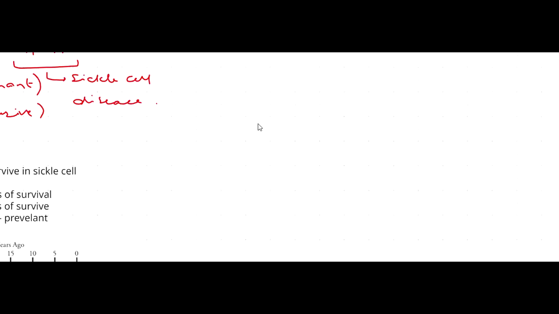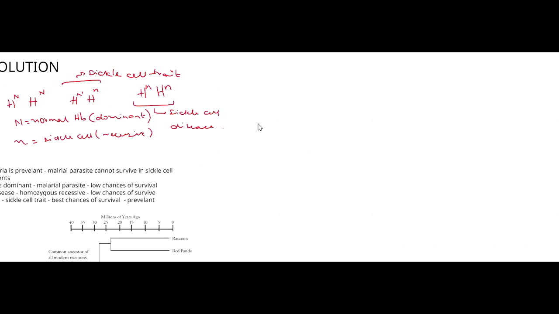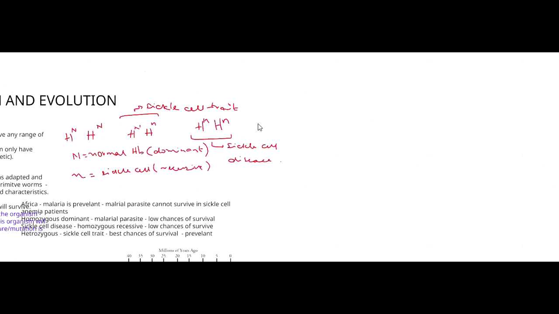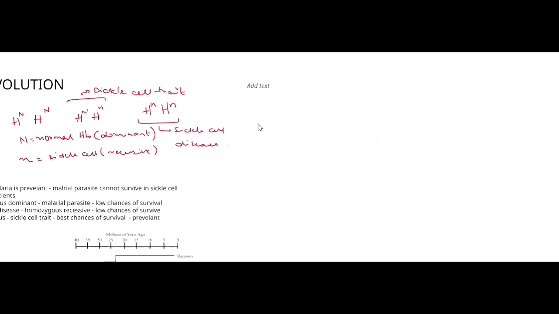So throughout history, simply put, if a species does not adapt to the changing environment, it is at risk of extinction.